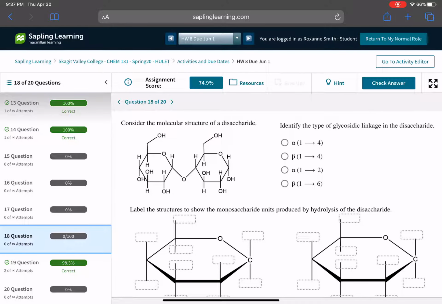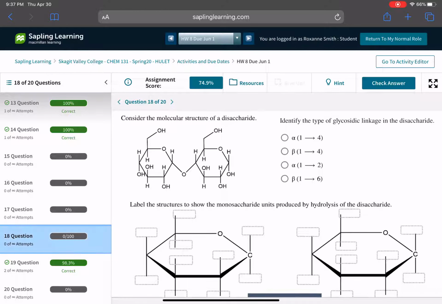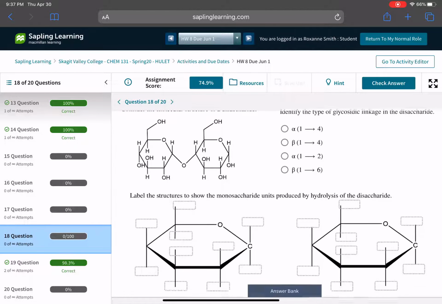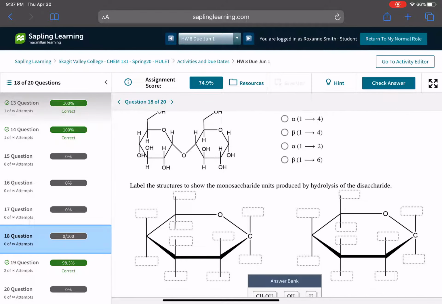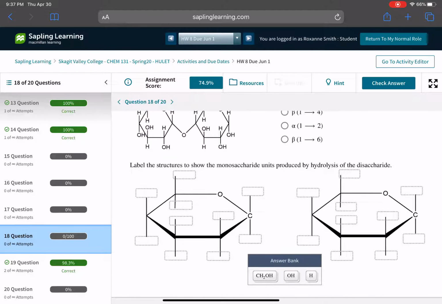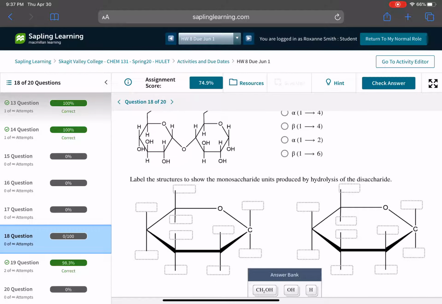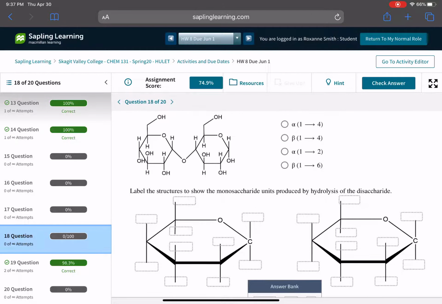And here's one more, really similar. First of all, it wants you to identify the glycosidic bond, which I know you're going to be able to do. And here, it wants you to actually draw the monosaccharide units that would be produced when this guy is hydrolyzed.